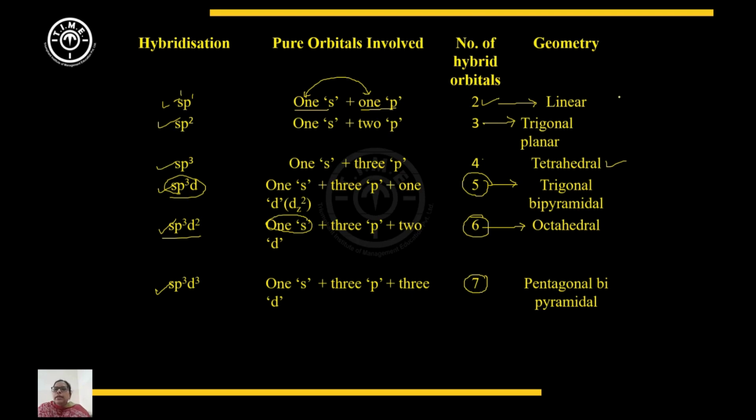The linear geometry example is BeCl2. Another example is carbon dioxide. In the case of triangular planar, the examples are BF3 and BCl3.